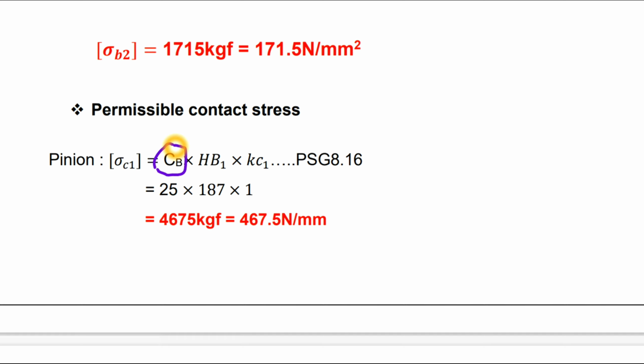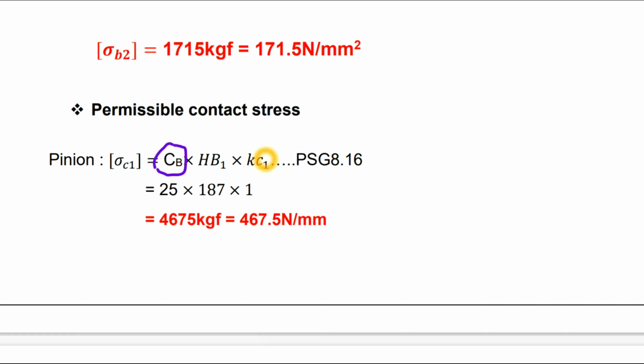And we will take this value as 25, for the material carbon steel and alloy steel of any type, normalized or hardened and tempered, and surface hardness less than 350. For that the value of Cb is 25.